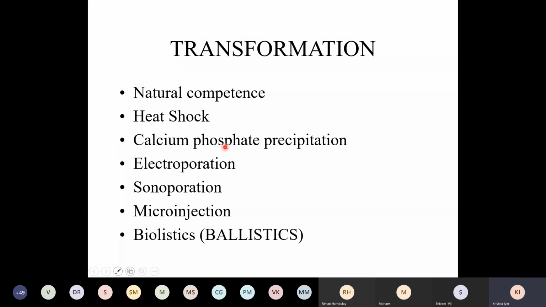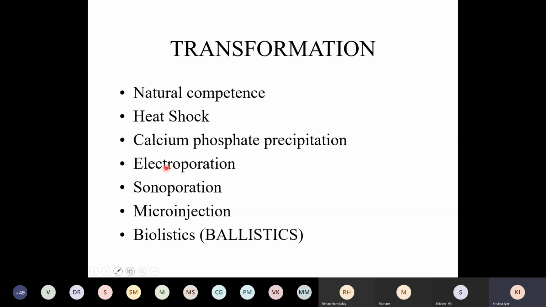Now in the media you have these little pieces of calcium phosphate on which DNA is precipitated, and many times bacteria will take them up by endocytosis. When they are taken up by endocytosis, the DNA gets into the bacterium, and the plasmid goes into the bacterium.